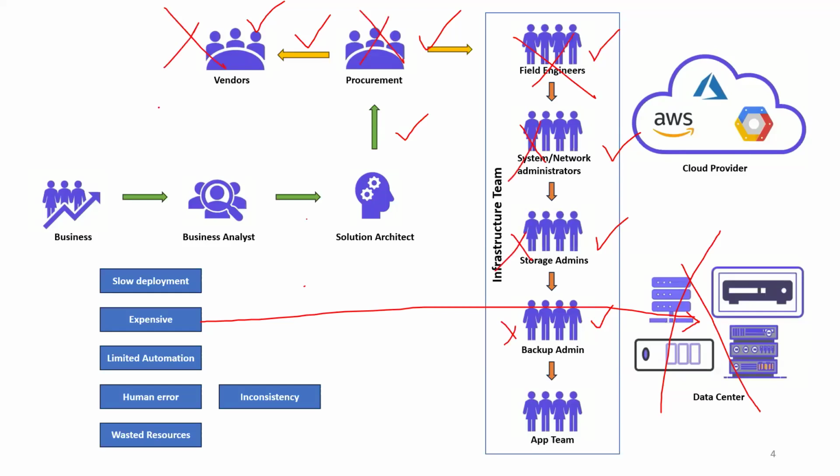When you are following a traditional methodology, you need all of these things. But when you follow a cloud computing model, cloud working culture, you don't need to maintain the data center. You don't need to maintain the field engineers. That team is not required for you. You don't need any of these teams.